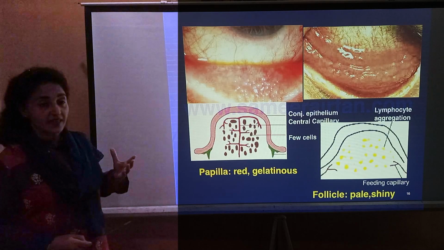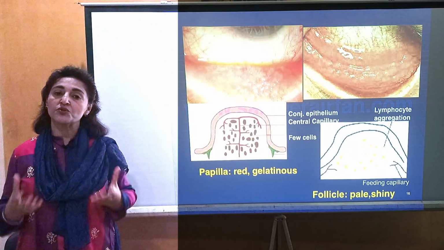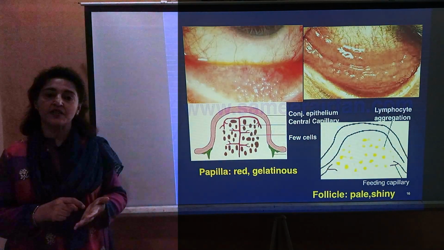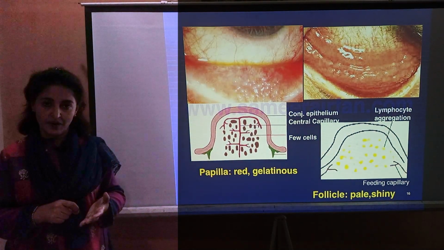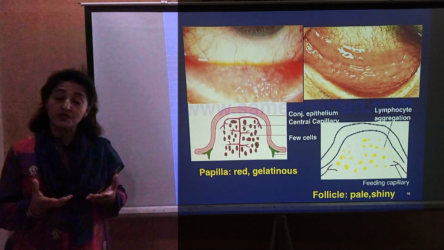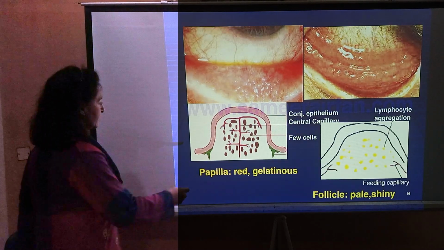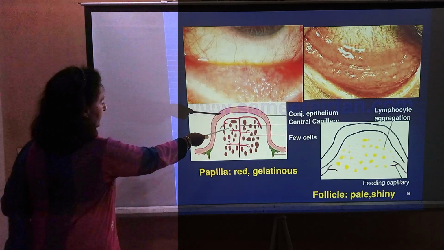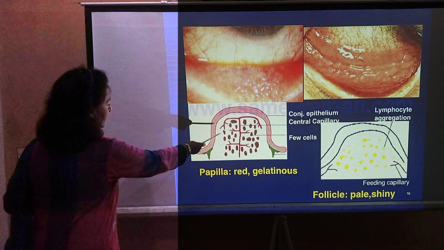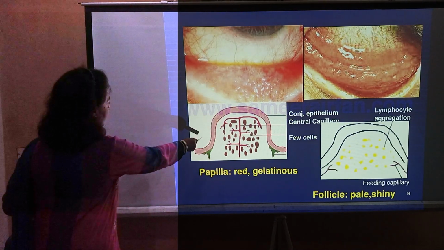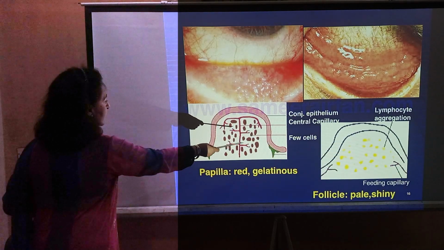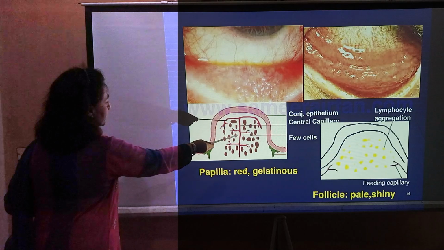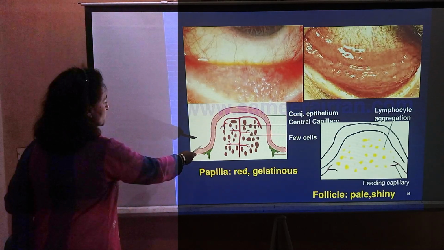Papillae are formed due to inflammation of the conjunctival structure, because the conjunctiva is firmly adherent to the underlying tarsal plate, and when there is oozing of serum, these papillae form. They have a central blood vessel running in them, with cells around them, and they are pink in color due to the congested conjunctival epithelium which is swollen up.